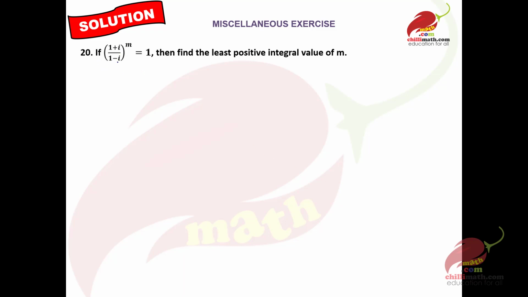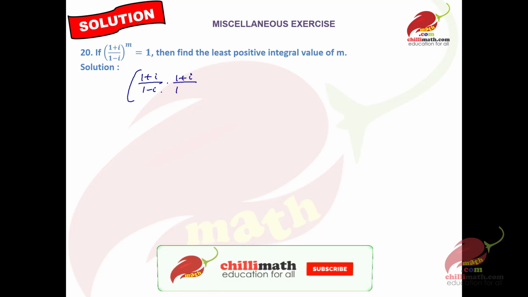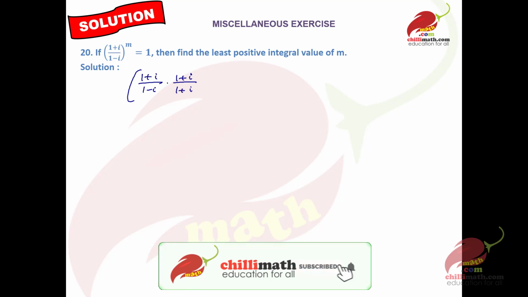Twentieth question is if (1 plus iota over 1 minus iota) power m is equal to 1, then find the least positive integral value of m. So let's solve this first: 1 plus iota over 1 minus iota. Writing in standard form, multiplying and dividing by the conjugate of denominator.